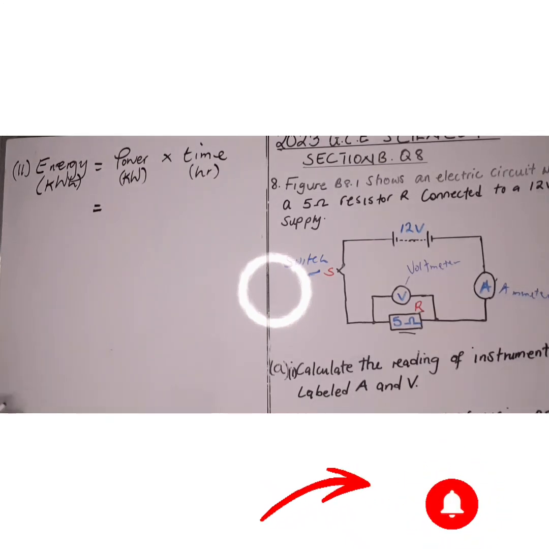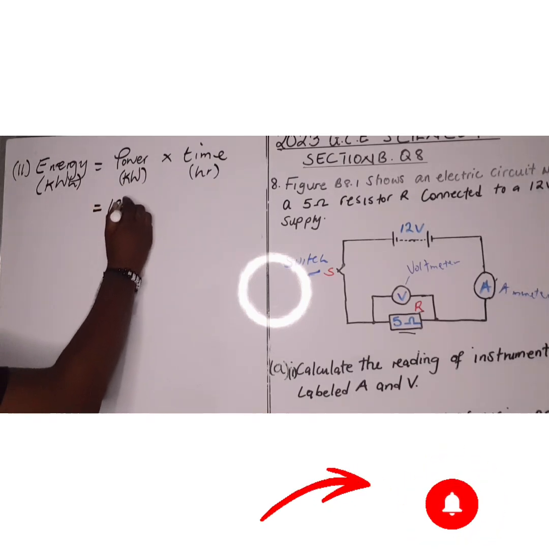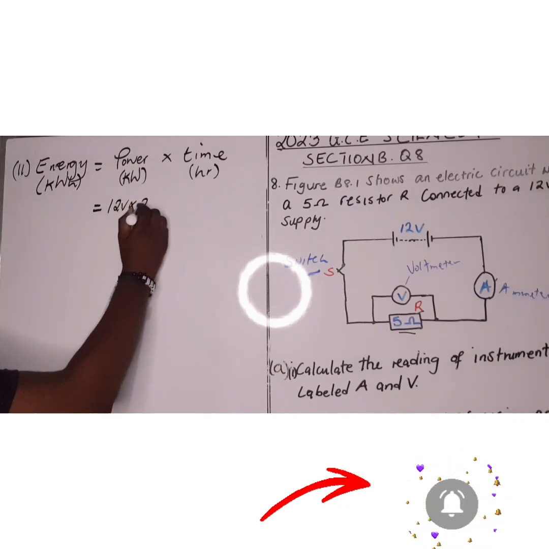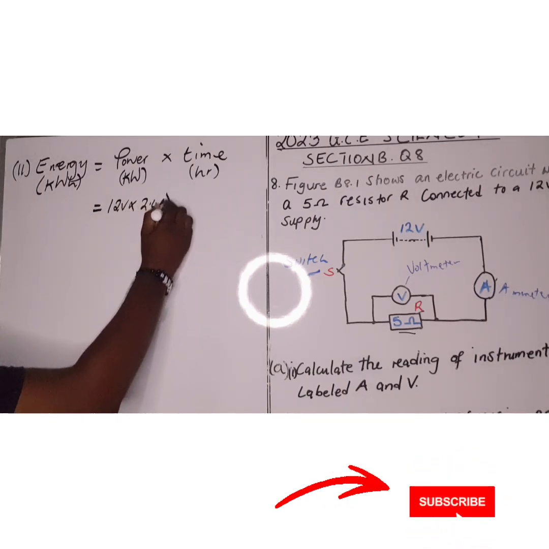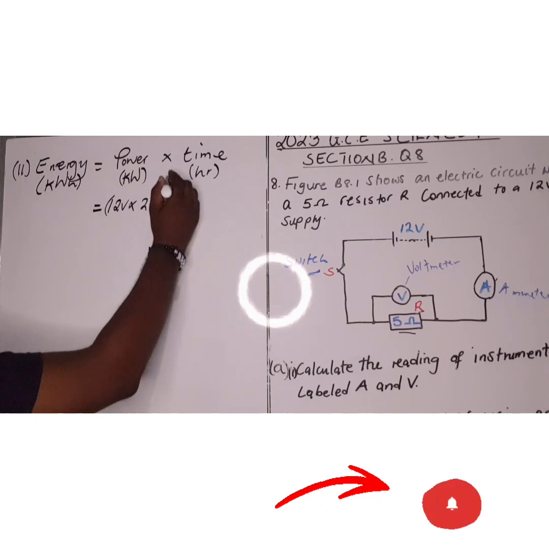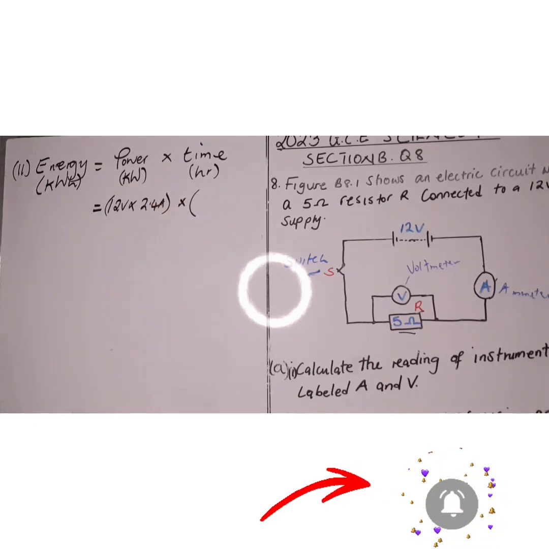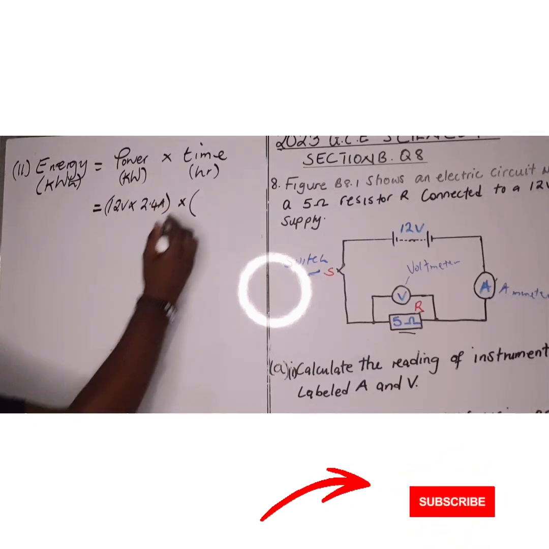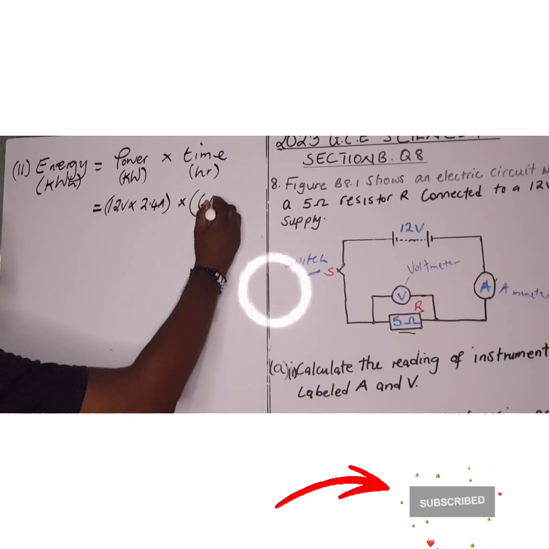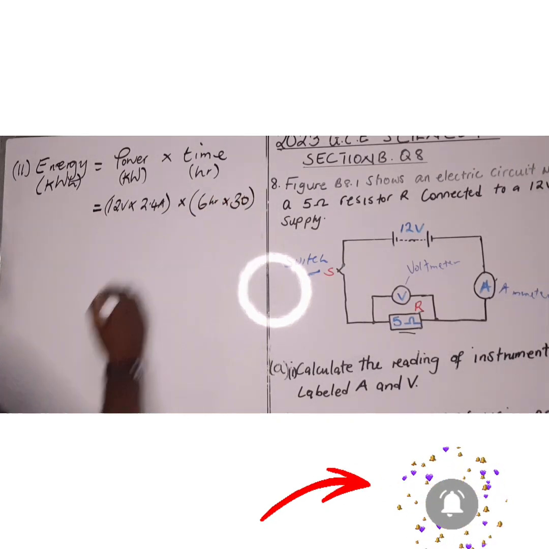Power is equal to voltage times current. So our voltage is 12 volts multiplied by current, which is 2.4 as calculated, multiplied by time. The total time taken for 30 days is 6 hours multiplied by 30 days.